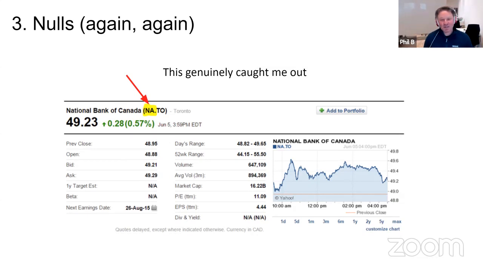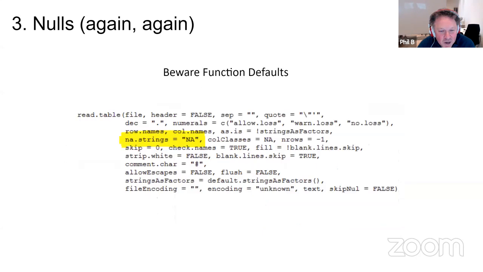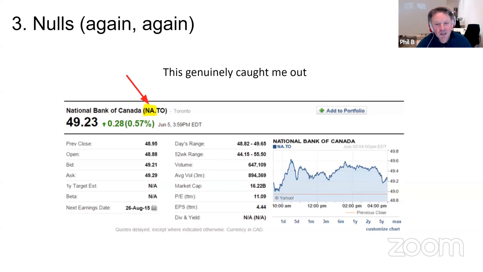When you're dealing with trade data, each company's got what's called a ticker symbol, and the National Bank of Canada's ticker symbol happens to be NA. So I was reading data in with the system defaults, and whenever it read NA, it replaced it with null or missing, when I actually wanted it to be NA. So from now on, I always tell it what I want my NA strings to be. These are all edge cases that you won't think of until they come and bite you.